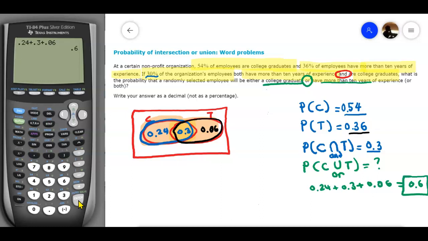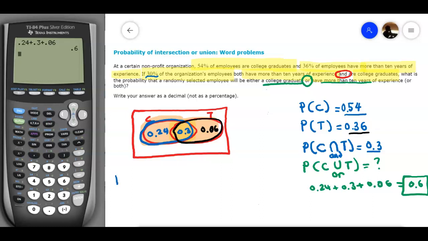So this was the first method. The second method involves a property similar to the counting principle, but applied to probabilities.